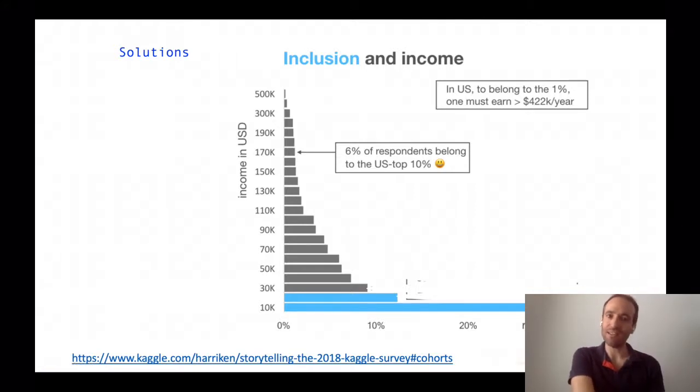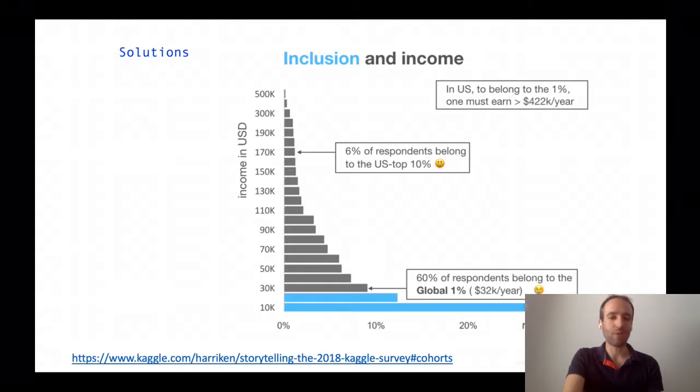So you could say that the data scientists more or less economically fit the same distribution as the US population. What about if we look at the global population? And remember, this survey is global. So then it turns out that, whoa, data scientists are an elite group globally, right? So that is very interesting.